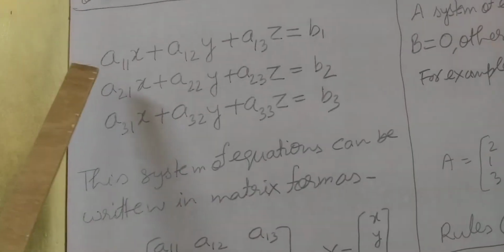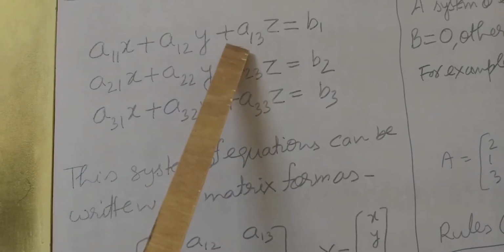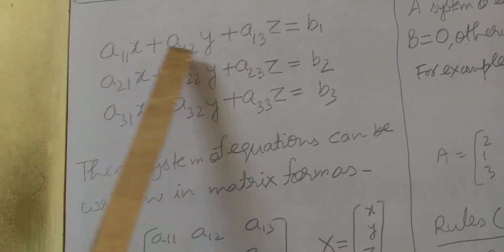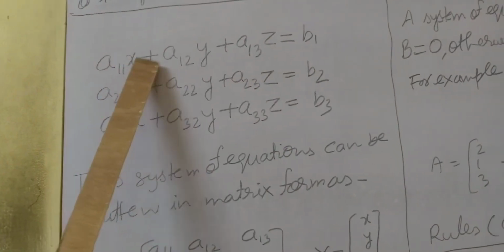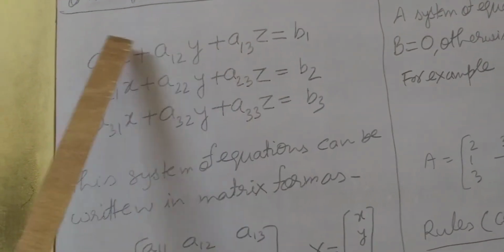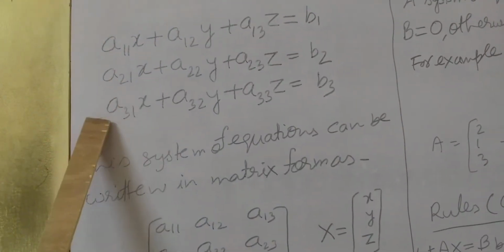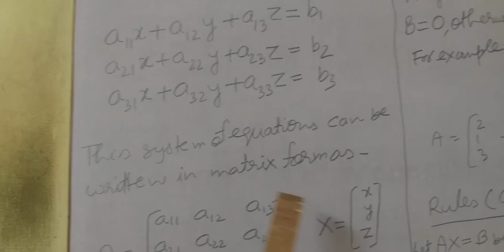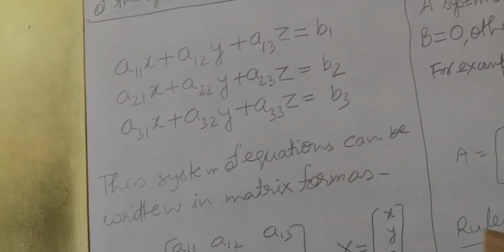So students, a11, a12, a13 are the coefficients of x, y, z, and you can see the degree of x, y, z is 1. Therefore these are linear equations. So how can we solve this given system of linear equations?